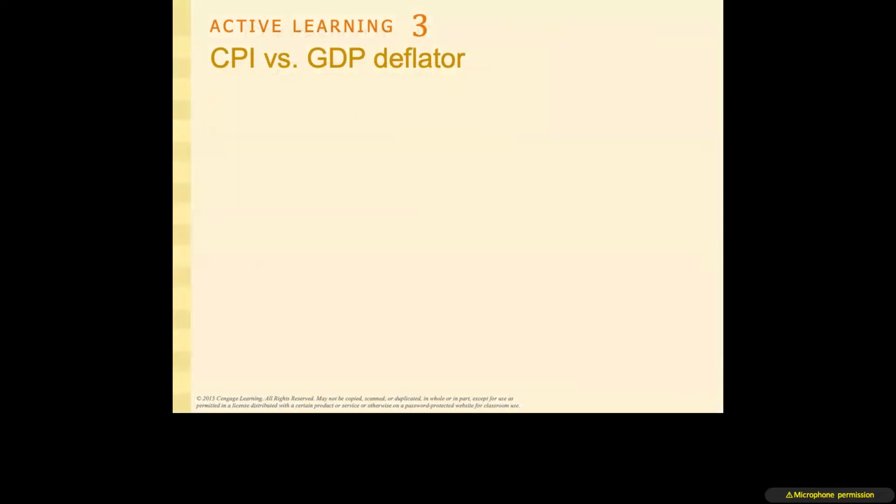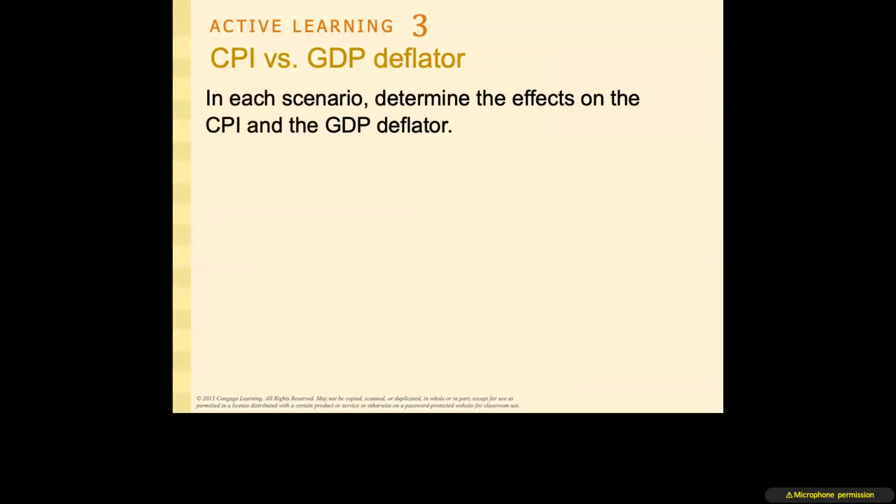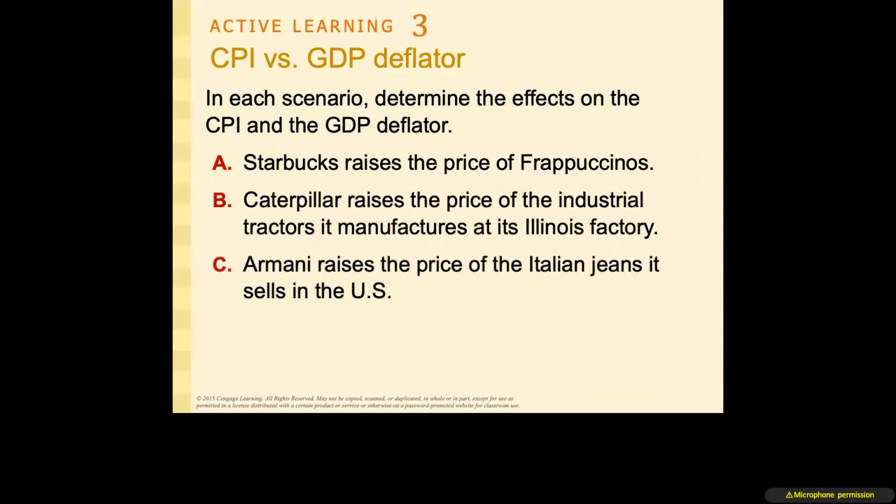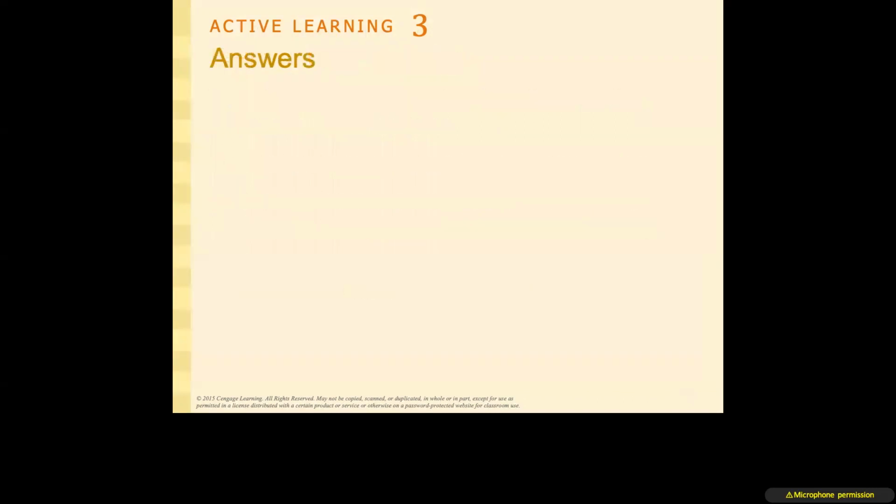So let's practice this. I'm going to give you some scenarios and we're going to determine whether it affects the GDP deflator or the consumer price index. Okay, remember, consumer price index gives you a clue already, doesn't it? The three scenarios are about Starbucks, about Caterpillar, and about Armani. The first one is Starbucks. So Starbucks raises the price of Frappuccinos.